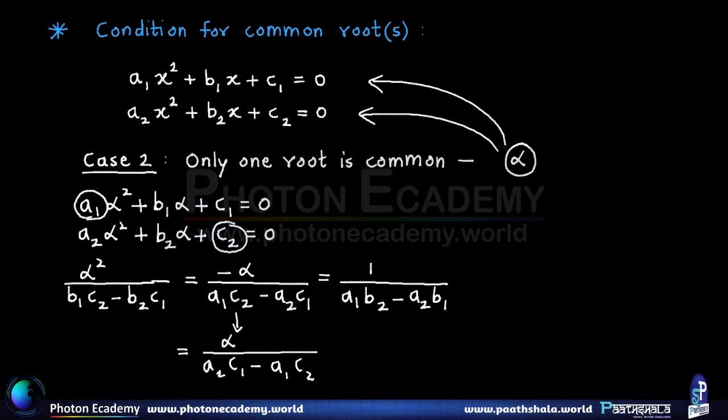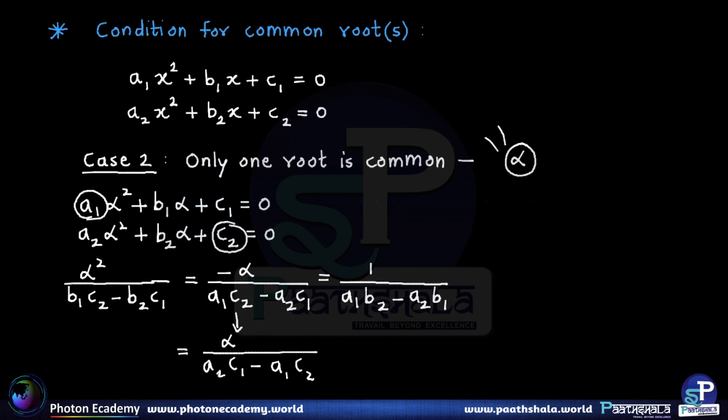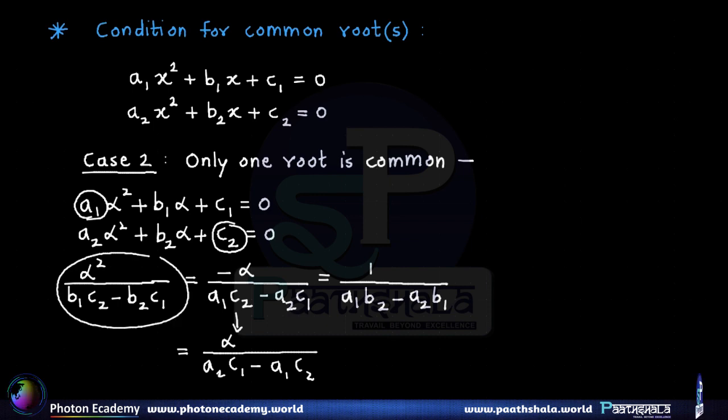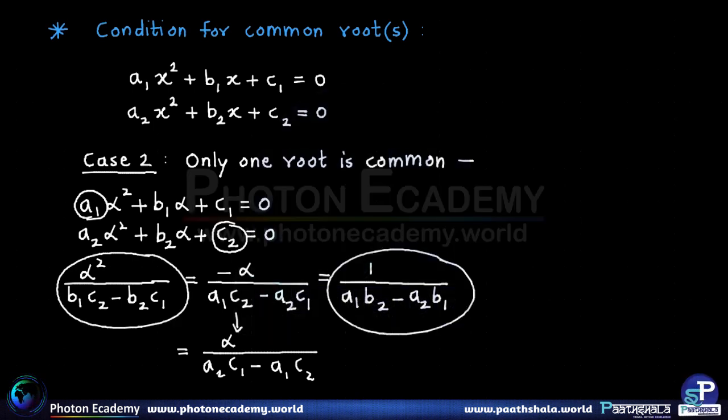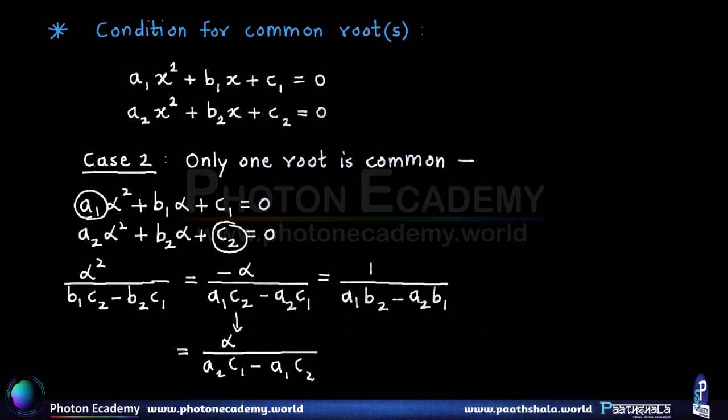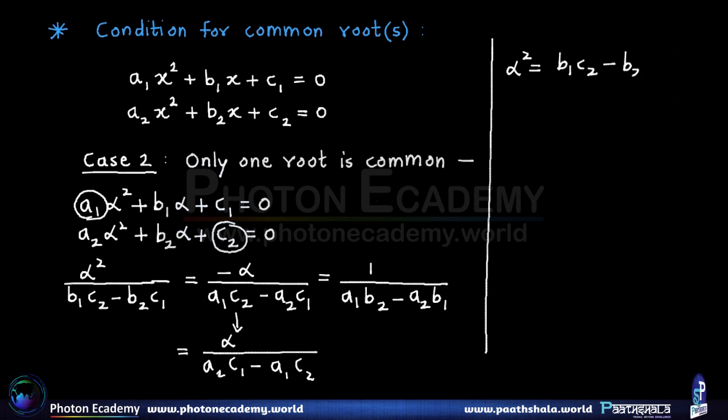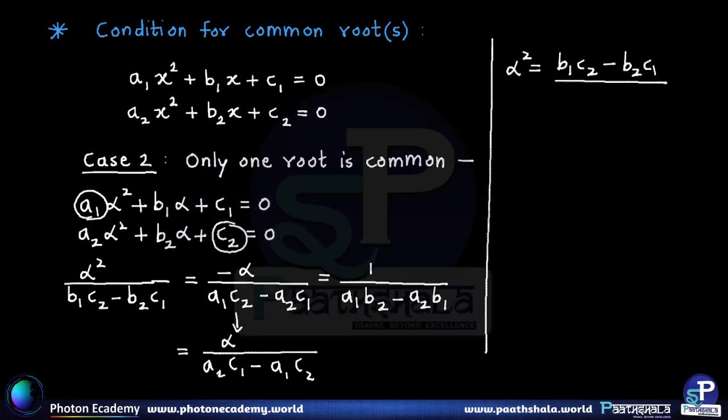So therefore now let us compare the alpha and alpha square terms, and therefore now we can write alpha square to be equal to b1 c2 minus b2 c1 whole upon a1 b2 minus a2 b1.